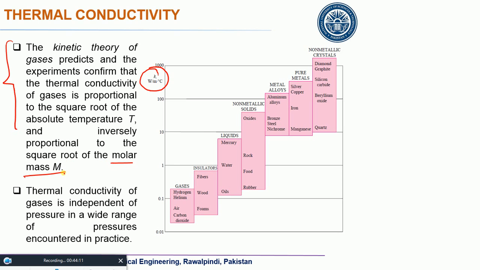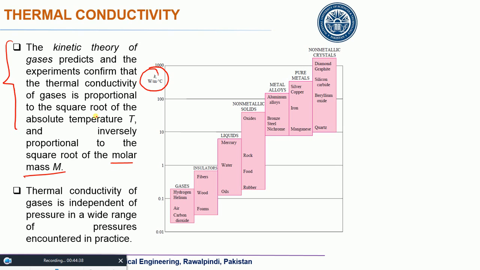Chemistry, molar mass. You remember, if you represent the atomic or molecular weight of any metal or non-metal, any entity, in grams, that is something which is what? Molar mass. Okay. So this kinetic theory of gases is only applicable for gases, right?